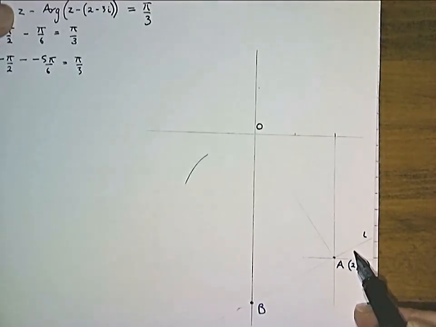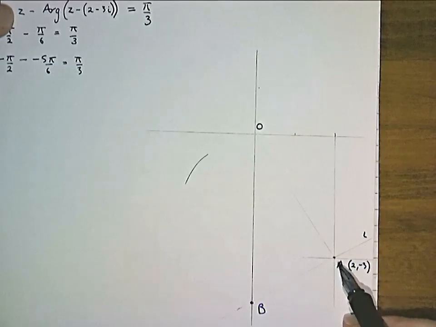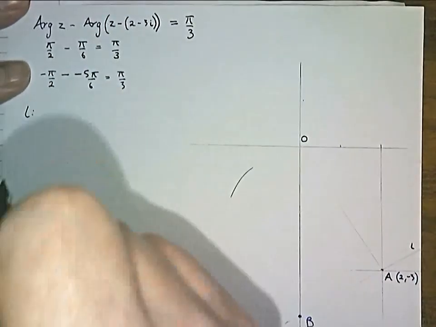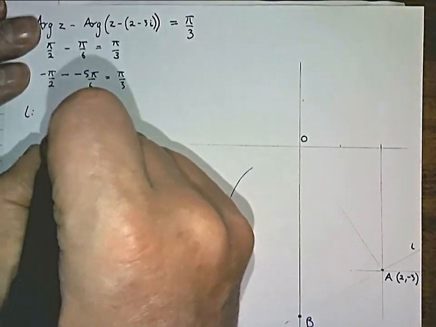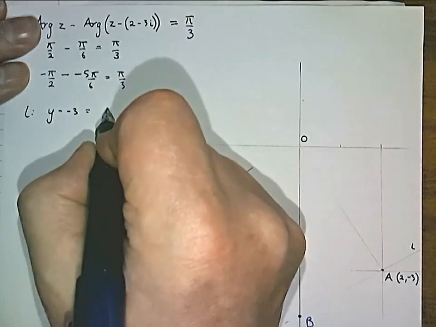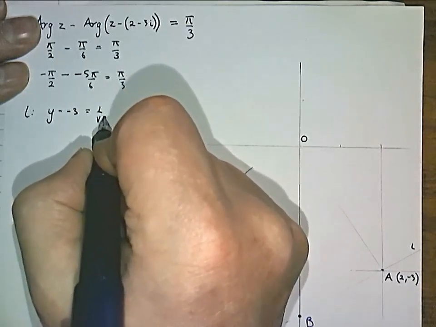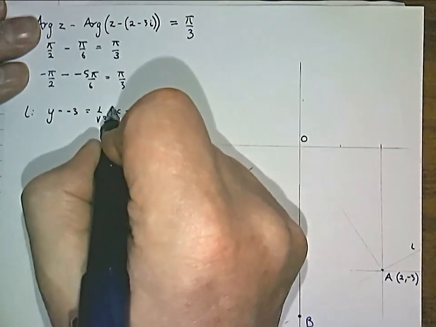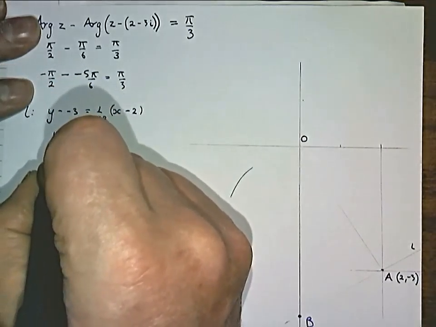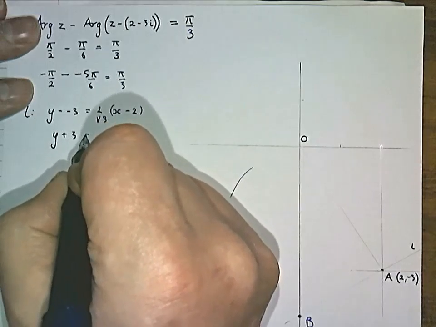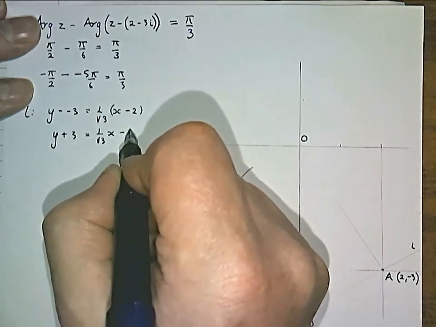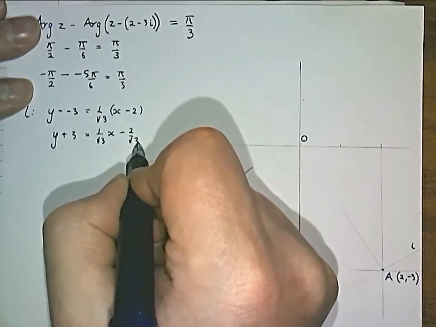So the gradient of L is going to be 1 over root 3. y minus negative root 3 equals 1 over root 3 times x minus 2. And that's perfectly satisfactory. y plus root 3 is equal to 1 over root 3 x minus 2 over root 3.